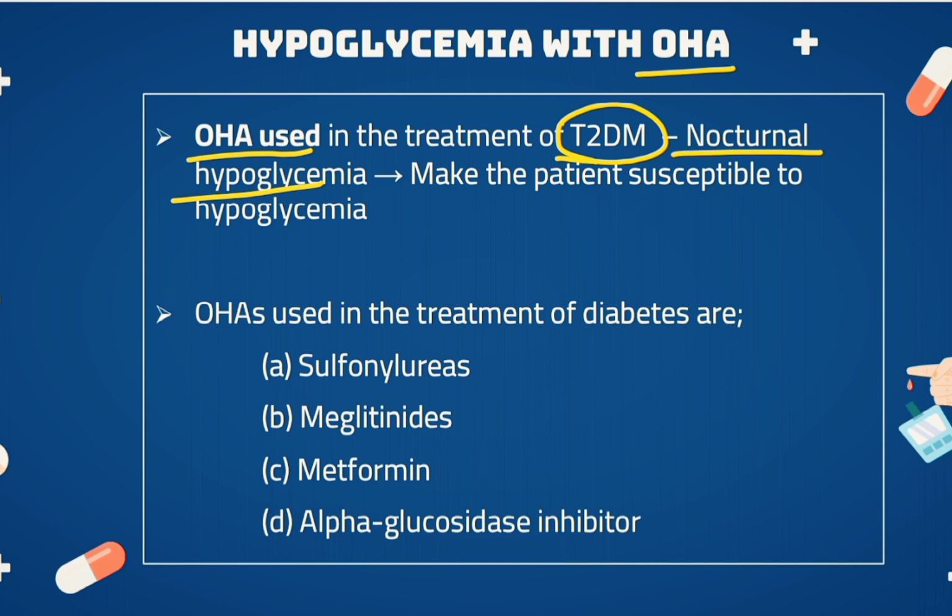What are the oral hypoglycemic agents which, when used for treatment of diabetes, can cause hypoglycemia? Those are sulfonylureas, meglitinides, metformin, and alpha-glucosidase inhibitors.